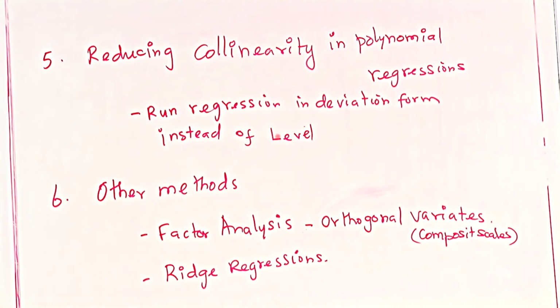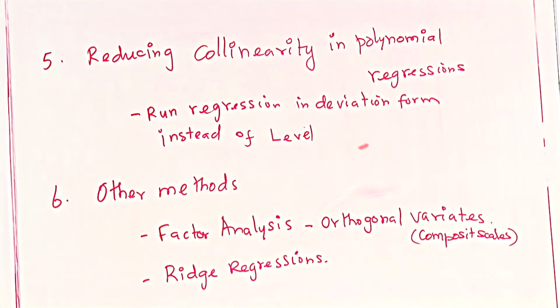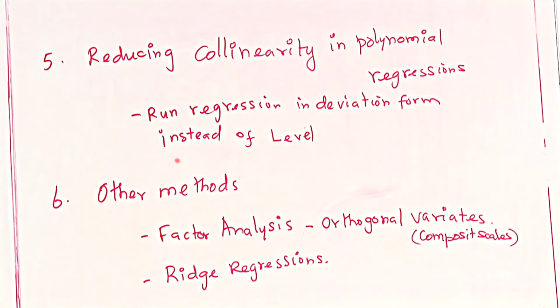Instead of running the cost as a function of output at levels, we may run the regression of the cost on the output in the deviation form. So, that will really reduce the multicollinearity problem.